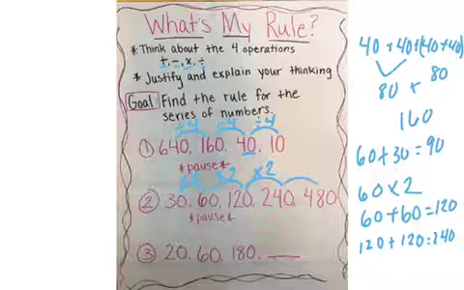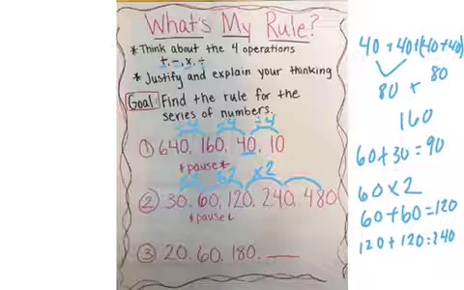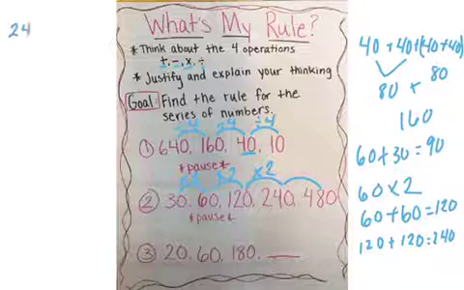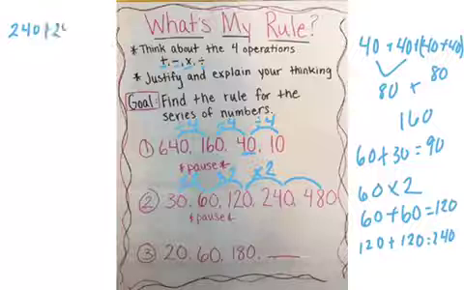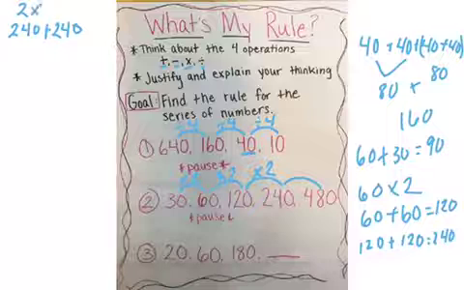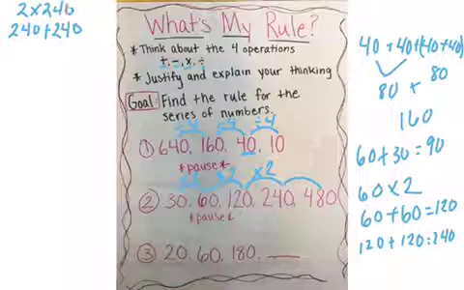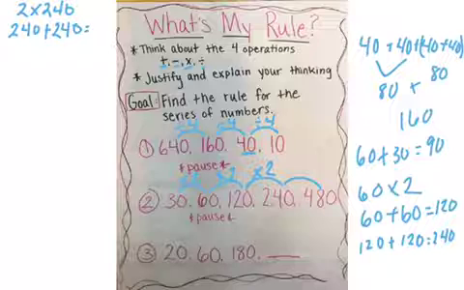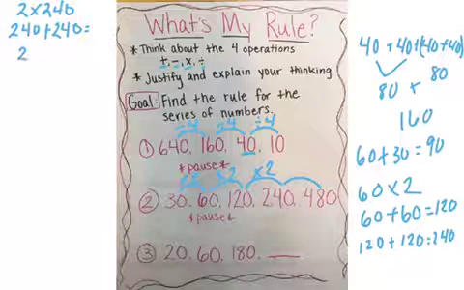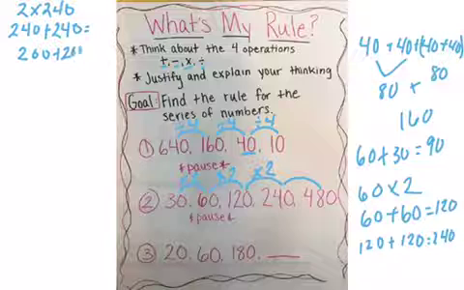And then let's make sure that it works for the last one, 240 to 480. If I have 2 groups of 240, is that the same as 480? Well, if I have 200 plus 200, that gives me 400.